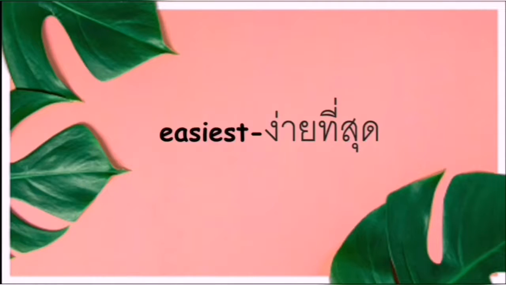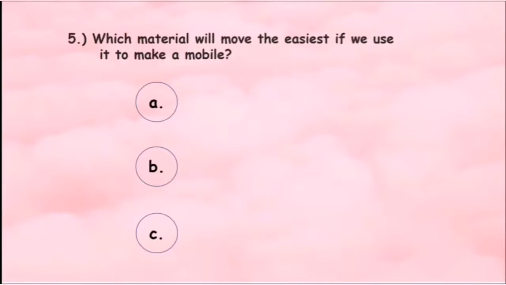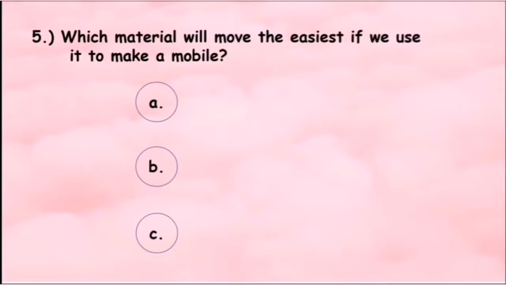Now let's go to our next word. We have the word easiest. In Thai, it means, so we use the word easiest when we are comparing three people or things. We also use it for more than three people or things. So let's read question number 5.